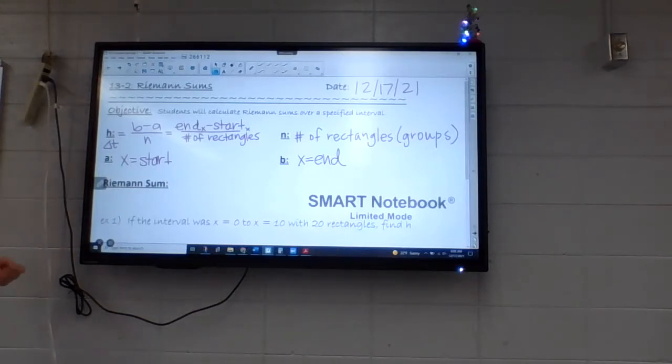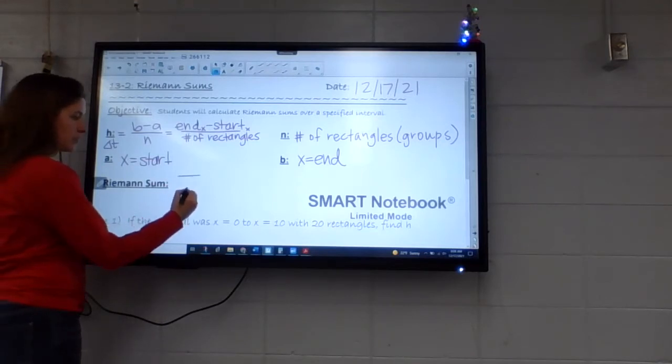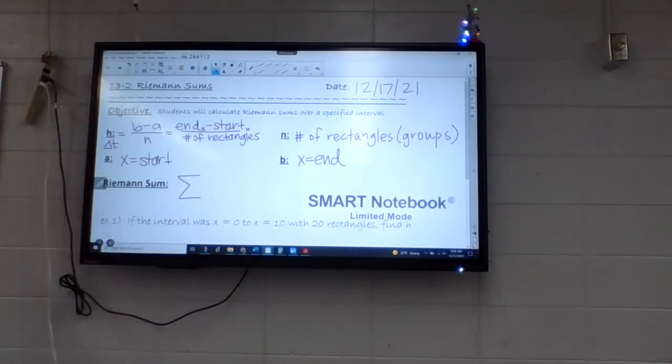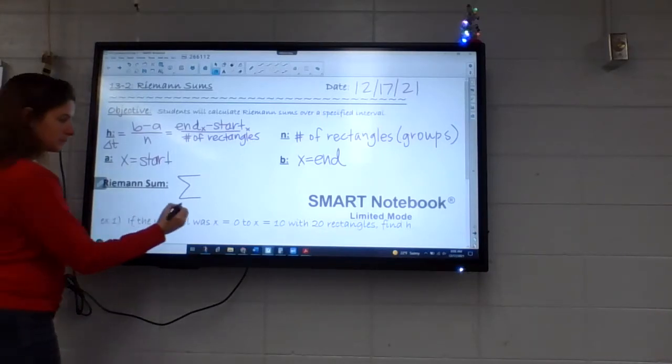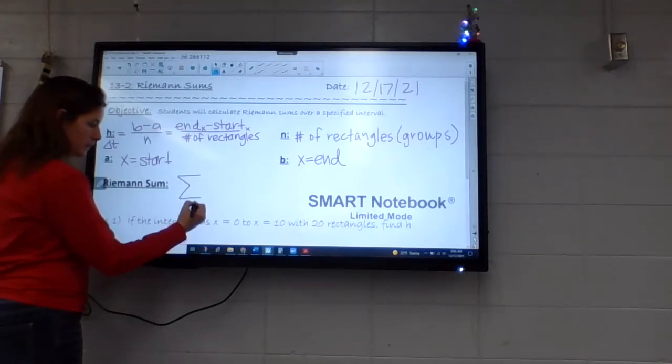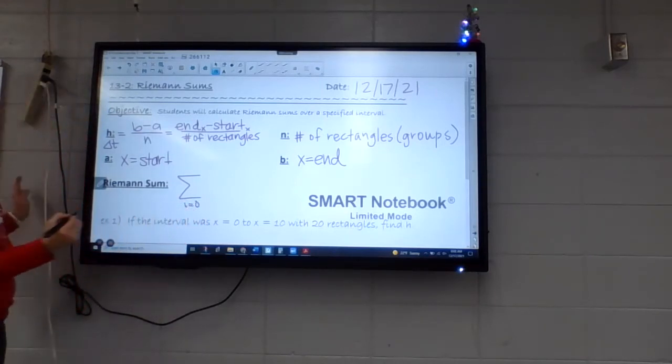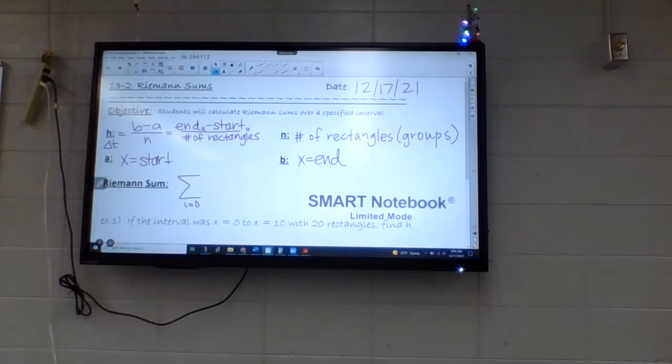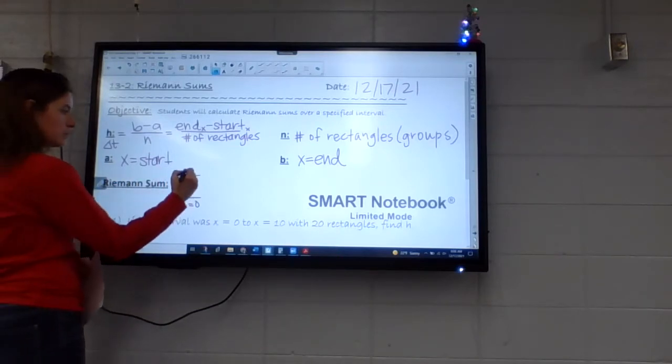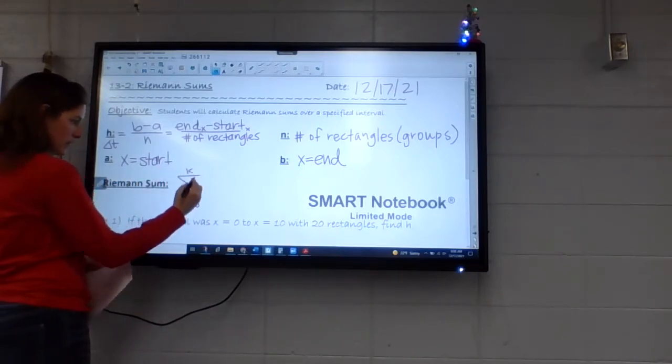Now the Riemann sum for this, again, we use that summation notation. Again, we're not going to use that notation very much today. Where do I have my general rule for that one? And then it goes up to, I'm just going to go K here.